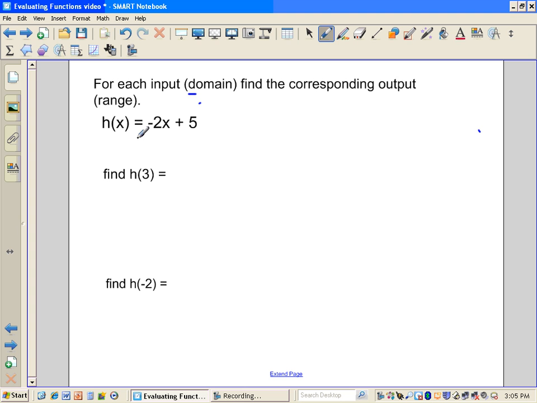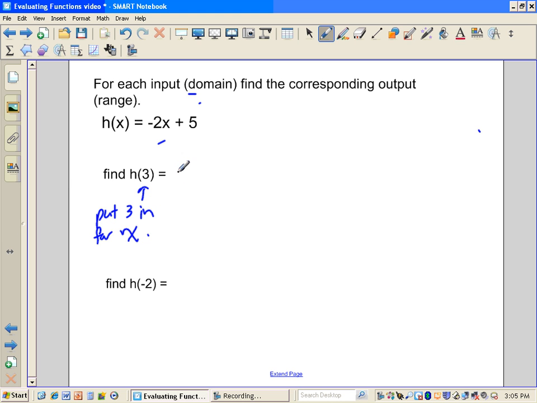If we're going to use this function, h of x is equal to negative 2x plus 5, I want to find h of 3. That means I'm going to put this 3 in for every x that I see in the function. Put 3 in for x.